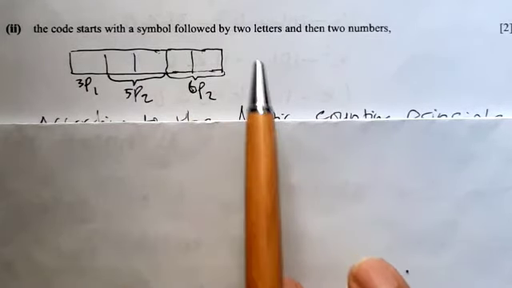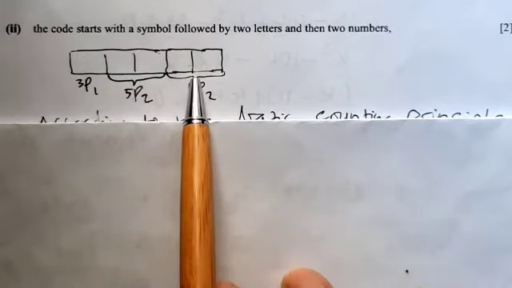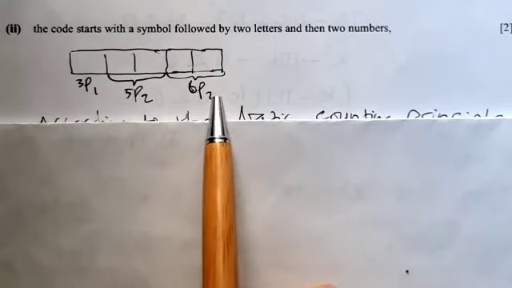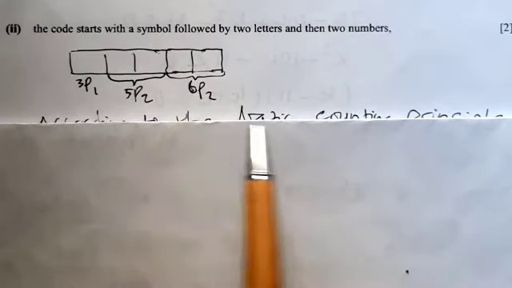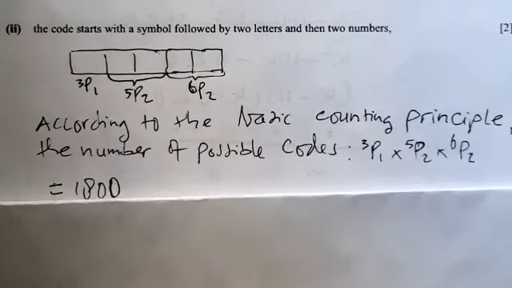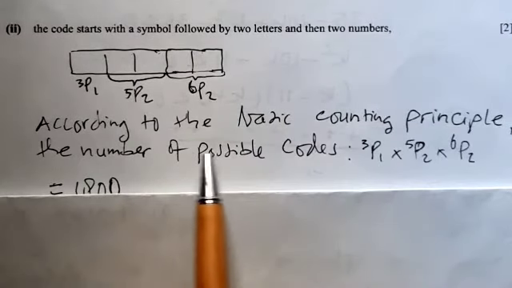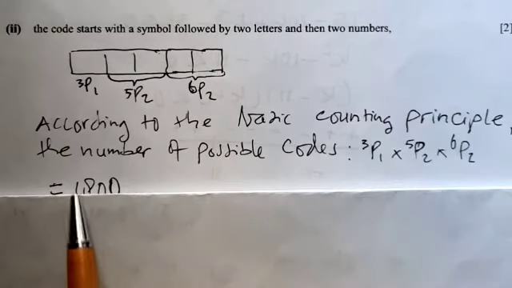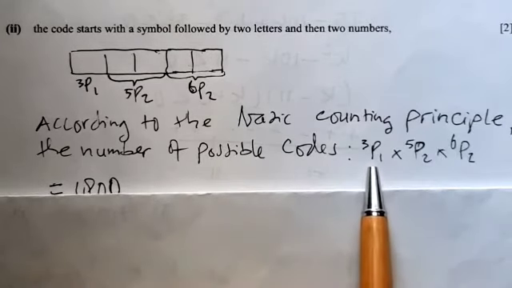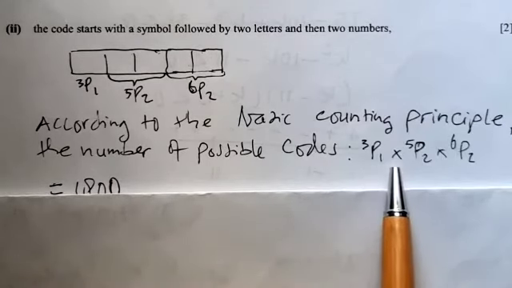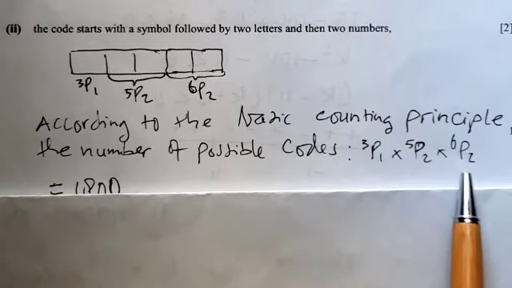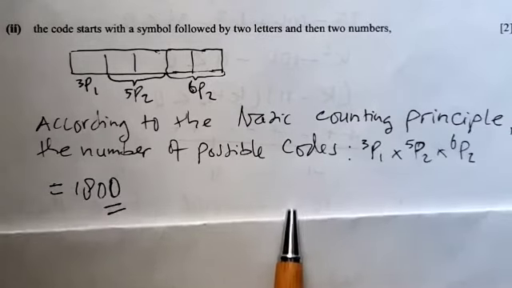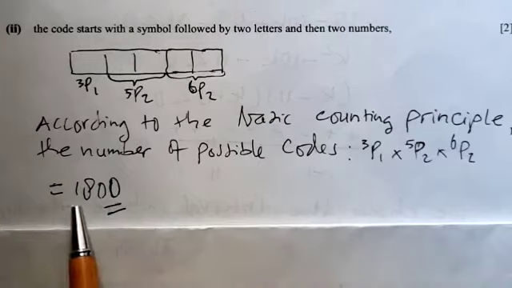In total, we have 6 numbers. Thus, there are 6 permutation 2 ways to fill the last 2 positions. According to the basic counting principle, the number of possible codes is 3 permutation 1 times 5 permutation 2 times 6 permutation 2, that is 1,800.